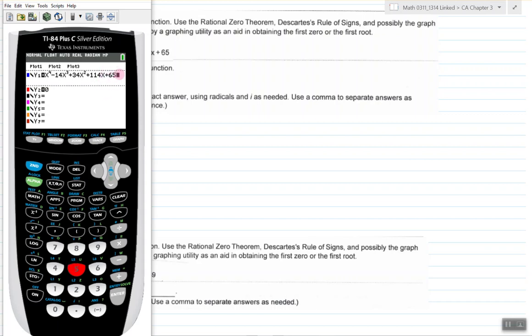Now I think that I'm going to have a pretty extensive window here. I can see that the y-intercept is going to be 65. What should I be looking for? I should be looking for something with end behaviors of up, and sort of like a W. So I doubt that I'm going to get a good window on my first try.